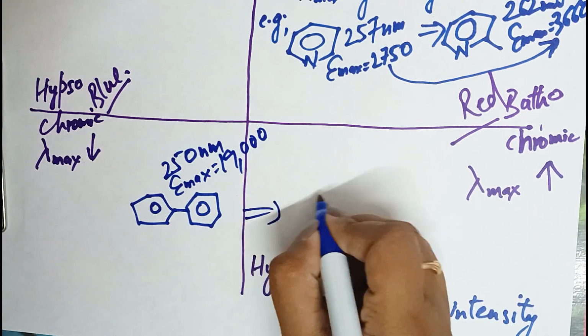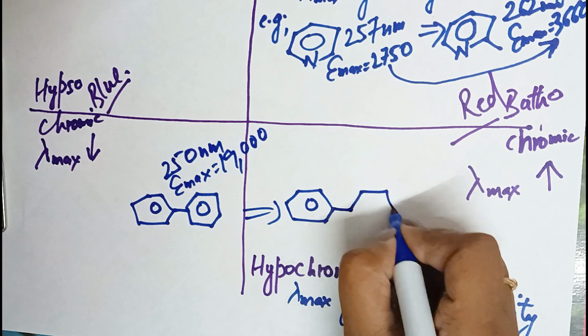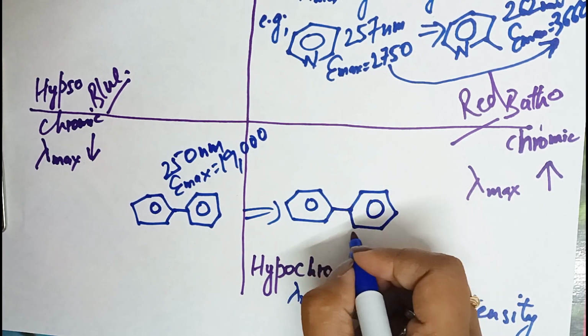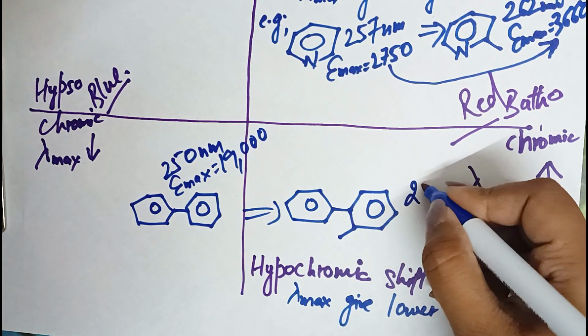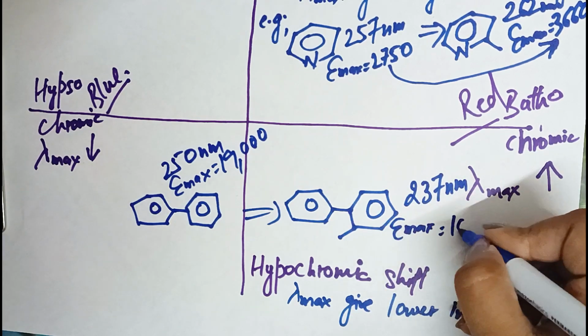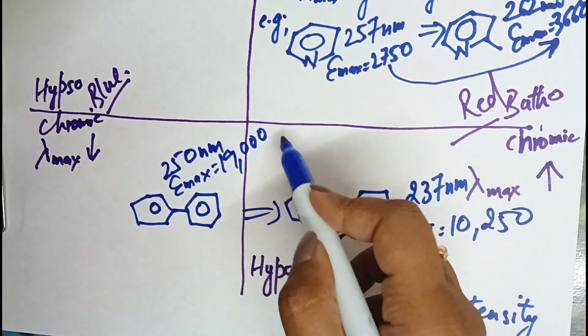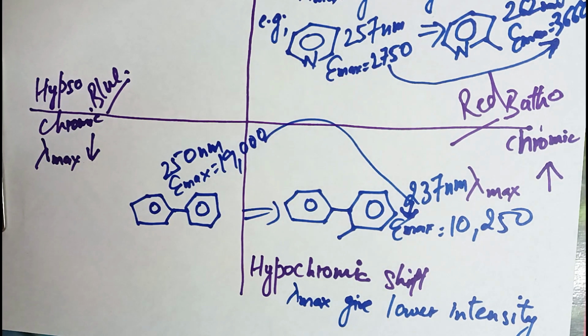But if we have again a biphenyl ring with a methyl substitution like this, then in this case lambda max will be 237 nanometer and epsilon max will be equal to 10250. So here also clearly intensity decreases. This is a kind of hypochromic shift in which the intensity decreases. So these are the four types of absorption and intensity shifts.